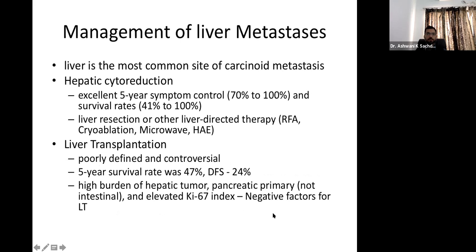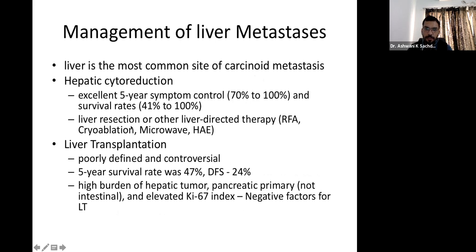So if a patient has only liver metastasis, which is the most common site of carcinoid distant metastasis, hepatic cytoreduction is associated with improved symptom control in 70 to 100% and survival rates of 41 to 100% of patients. What are the techniques for cytoreduction?